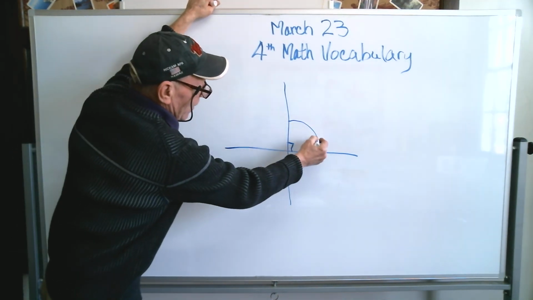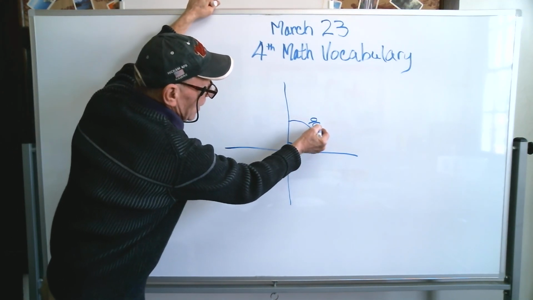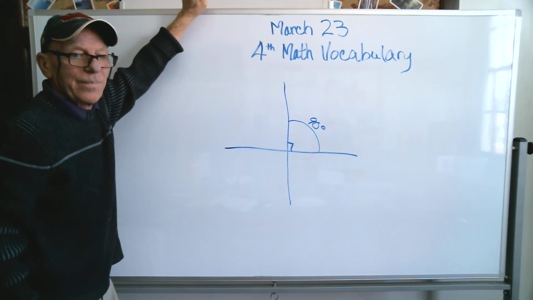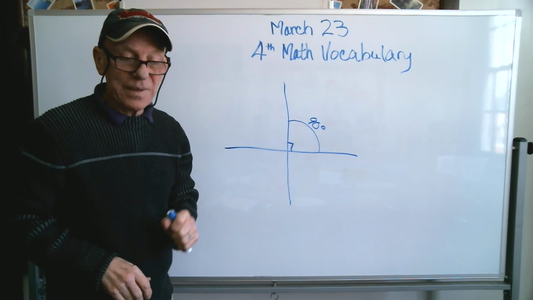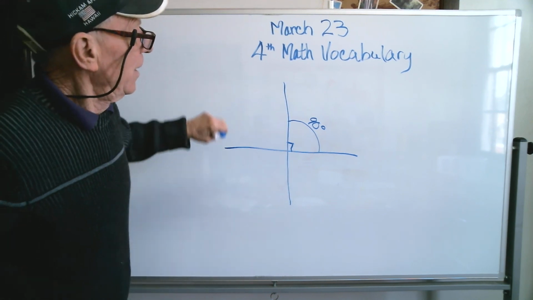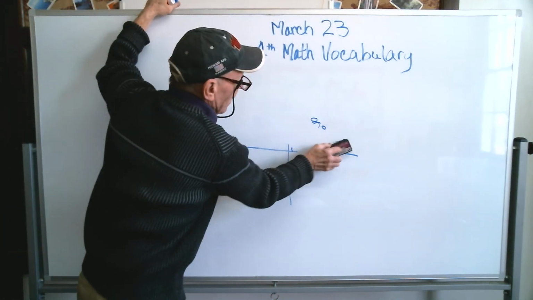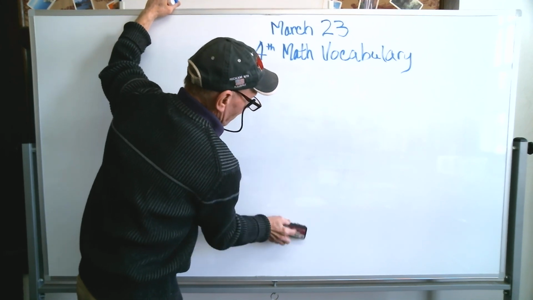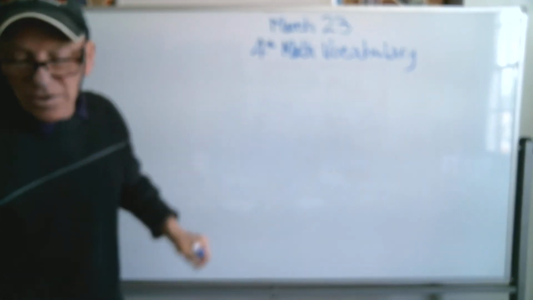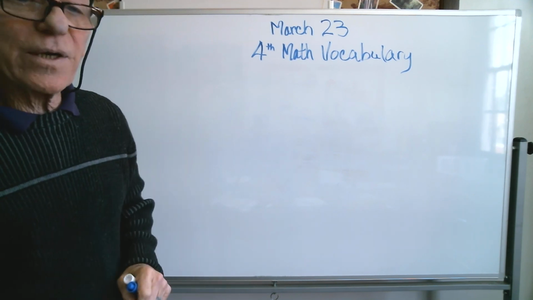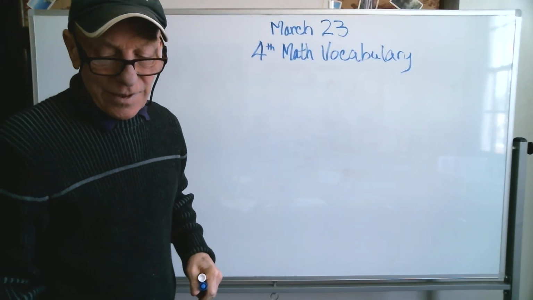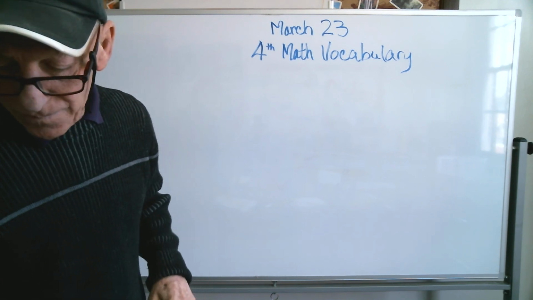This angle here is 90 degrees. So that line is perpendicular. Remember that. When you look at a series of lines in an exercise, some of those lines may intersect at different angles. But if they do intersect at 90 degrees, then those lines are perpendicular.